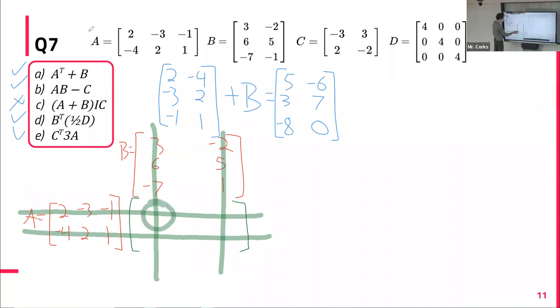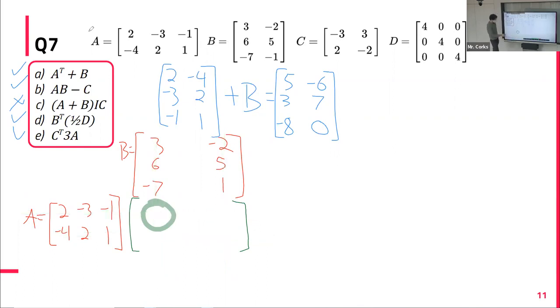So first position up here will be the first row times the first column. 6 minus 18 plus 7. In the other classes, a bunch of people forgot, so I'll just remind everyone here.